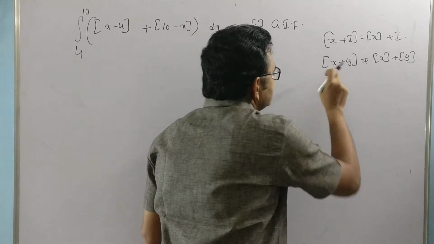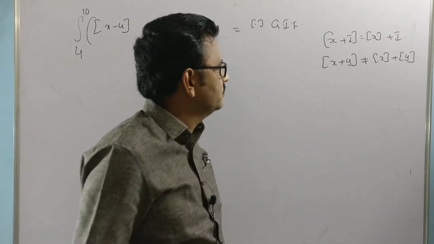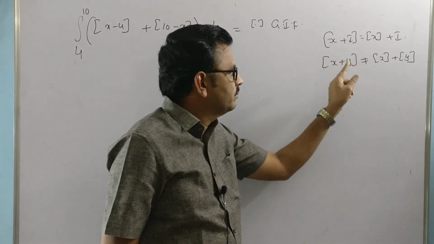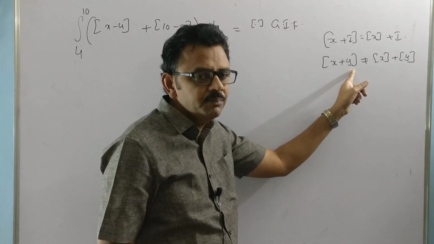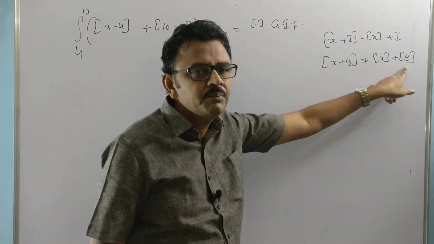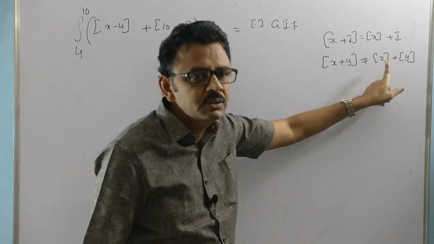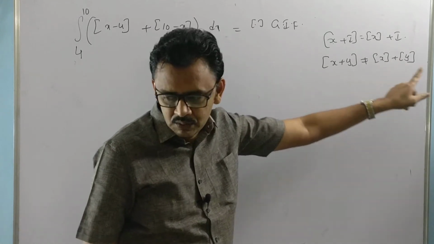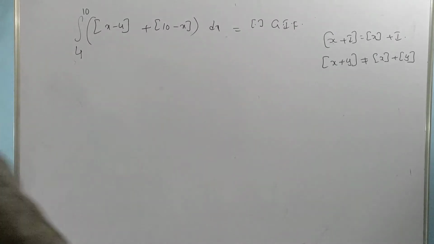Because if you take x equal to 1/2 and y equal to 1/2, then 1/2 plus 1/2 is 1, and [1] is 1. So you cannot write [1/2] plus [1/2], since [1/2] is 0, provided you know the integers they are.